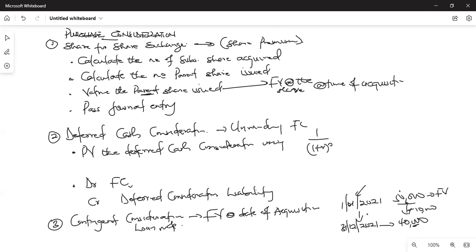If it is fair value through P&L, then this 10,000 is now going to be a gain, which we call gain on purchase consideration. Because I was actually going to pay 50, I realized it's just 40. Then it means that I have gained, and therefore this 10,000 is going to be in my workings 5.